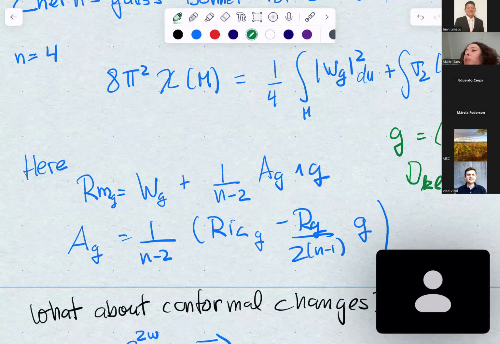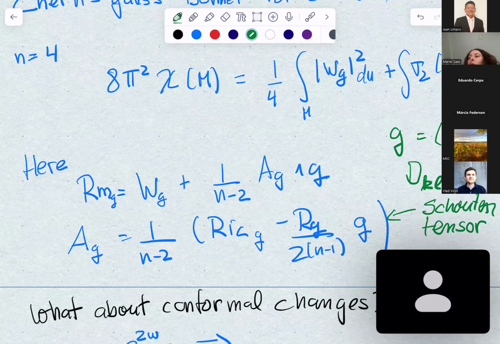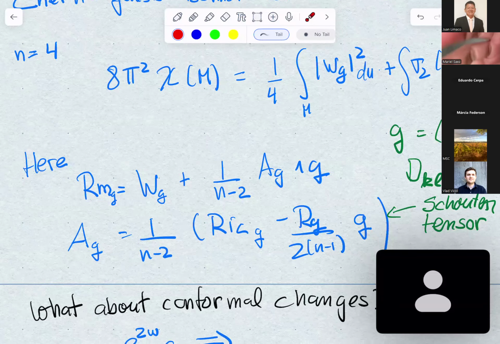This is the one that is encoding all the information that we want about conformal changes of metrics. So if we want to prescribe something to be constant, it would be good to involve this Schouten tensor. And actually what you see inside my integral here is exactly the Schouten tensor scaled by the inverse of the metric, because you want things to be invariant when you change coordinates. This is the natural geometric quantity.